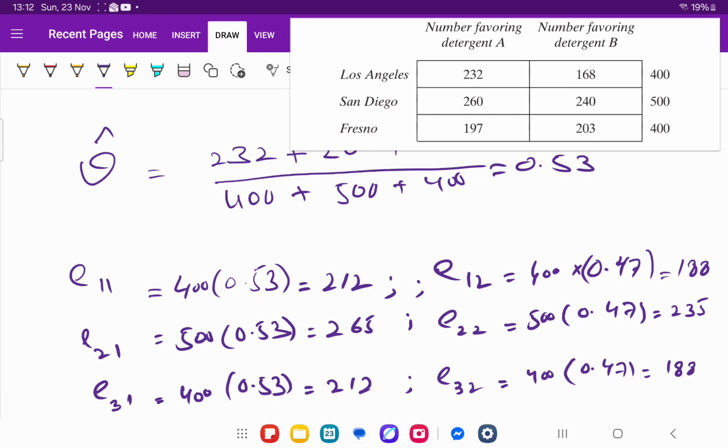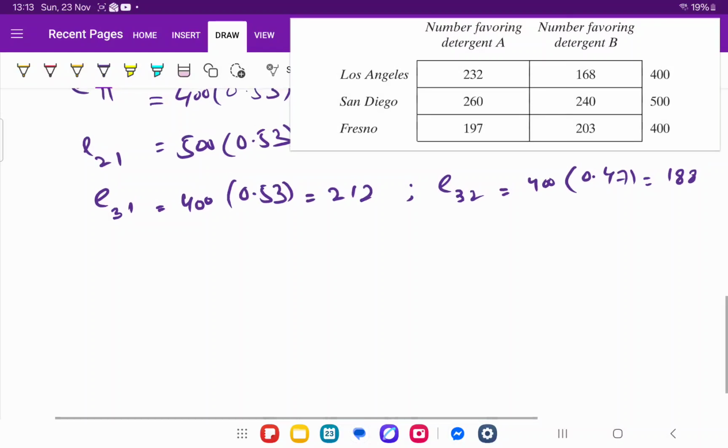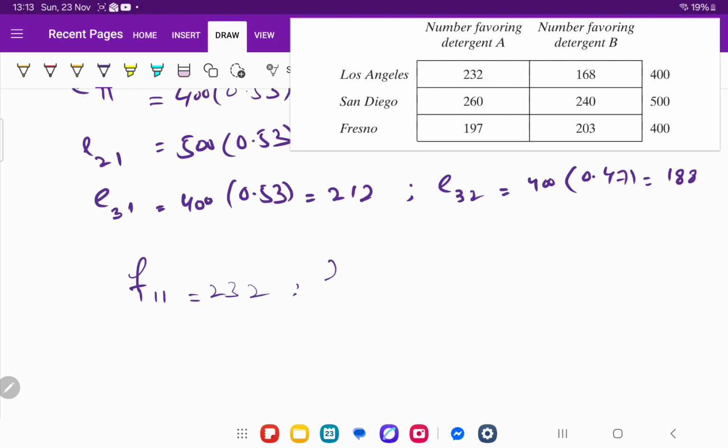Okay, and now we have to put these values inside the formula. First of all we also need to identify F11. F11 is 232. F of 12 is 168.